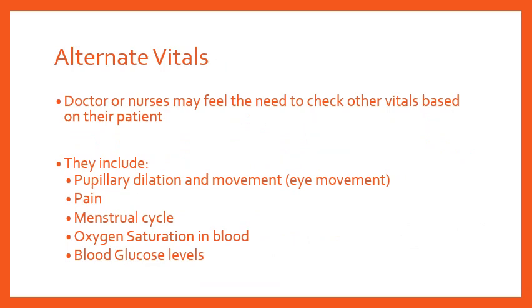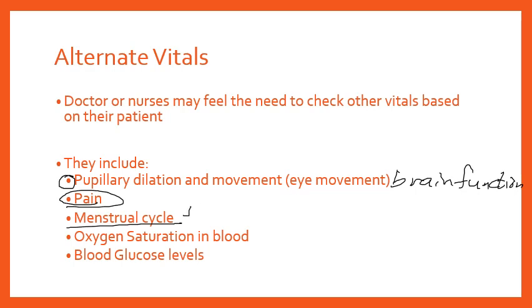Now, there are some other vitals that people may take a look at because there's other things that they need to find out about. So they need to look at pupillary action and eye movement. This tells them about brain function. They may ask you about your pain. This could tell you all sorts of things, basically. Your menstrual cycle could help them understand the flow of hormones in the body and understand what's happening there.